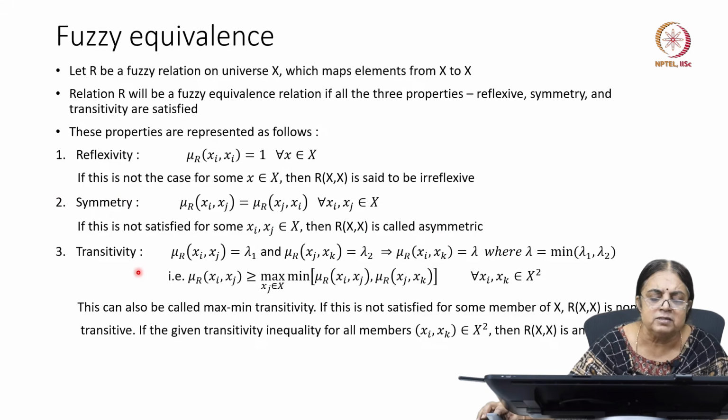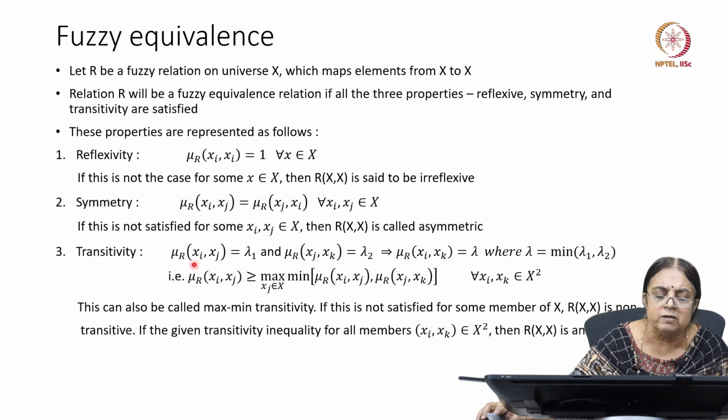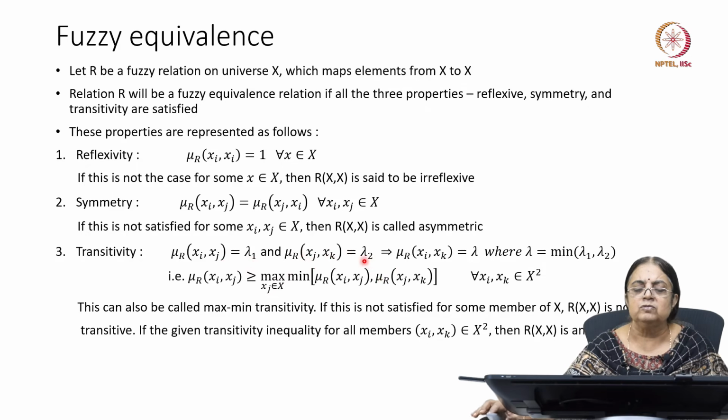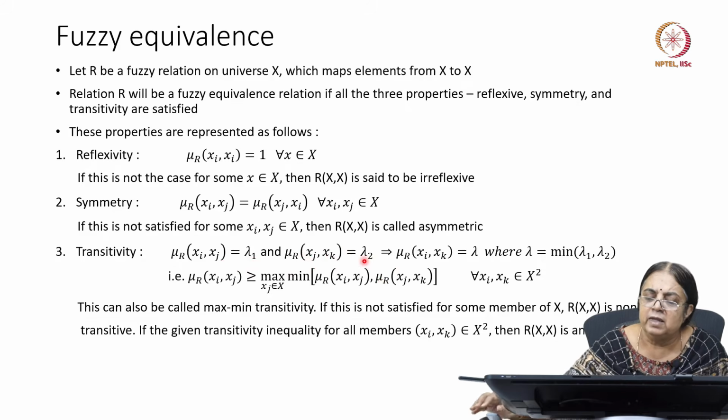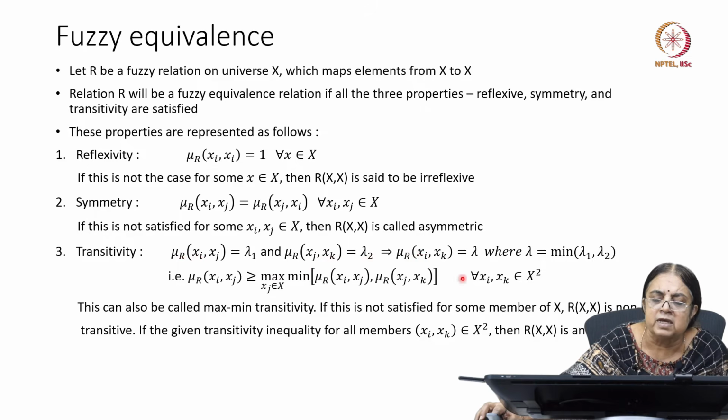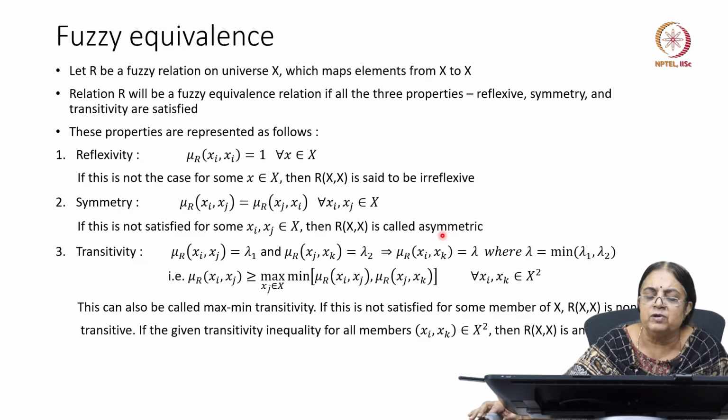Then we come to transitivity. Transitivity is like the membership function between a pair xi xj, and if you take xj and some other xk, if this value is lambda 1 and this value is lambda 2, then suppose you have a membership value between xi and xk, and it is equal to lambda. Then lambda has to be the minimum of lambda 1 and lambda 2.